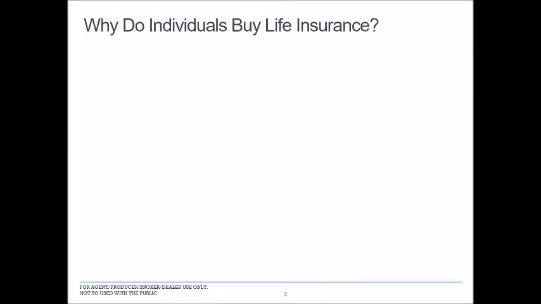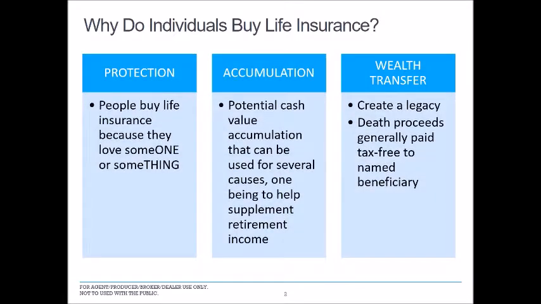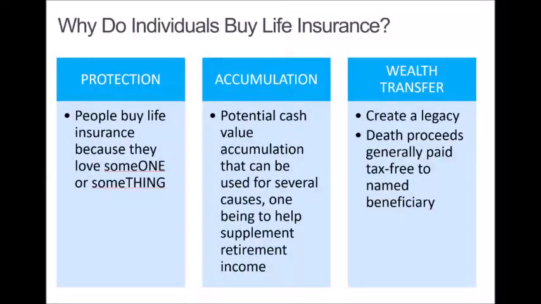Life insurance is a risk management tool. Its primary purpose is to protect the people and the organizations from the losses incurred at the death of the individual, but it does much more. While not a primary reason to buy life insurance, permanent life insurance can build cash value that grows on a tax-deferred basis.